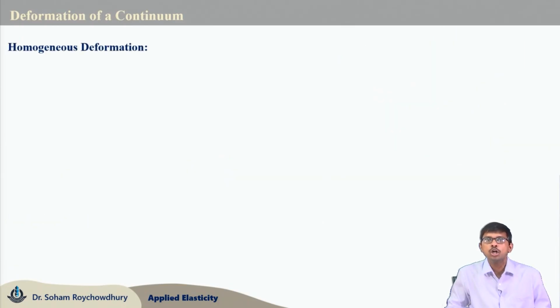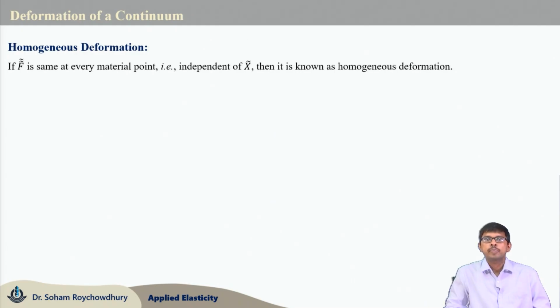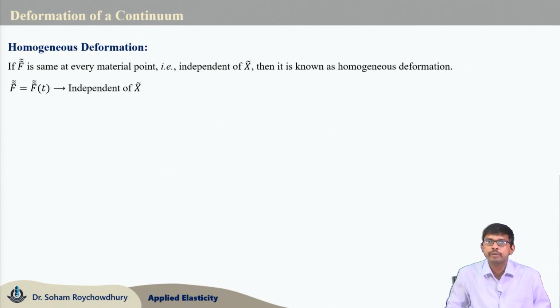Now, coming to the homogeneous deformation. If the deformation gradient tensor is the same at every material point of a continuum, then we call that a homogeneous deformation. For such cases, f is only a function of time, it is not a function of capital X, the material point coordinate.